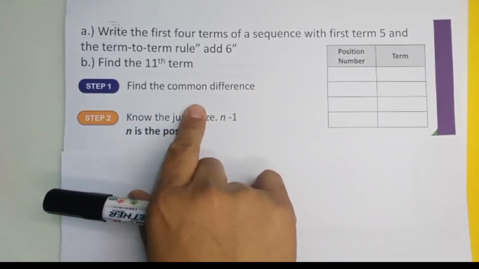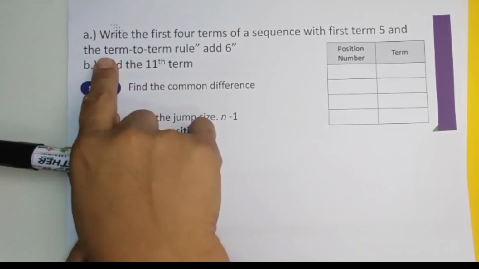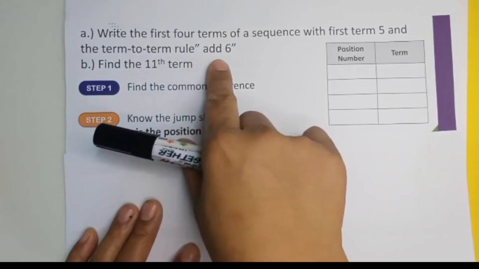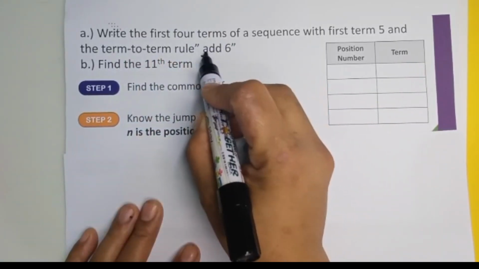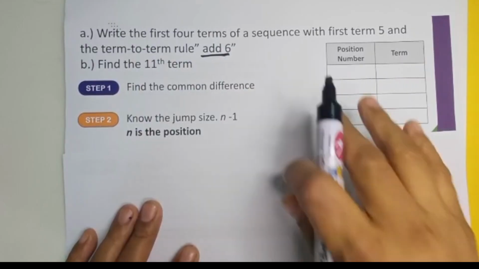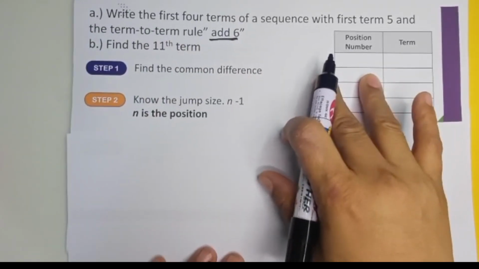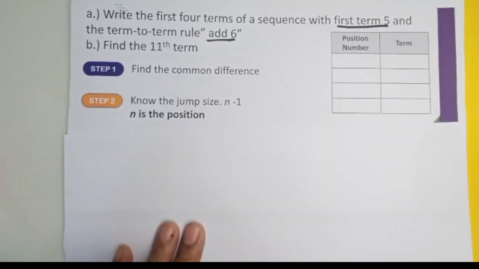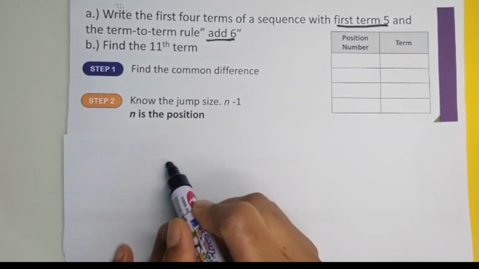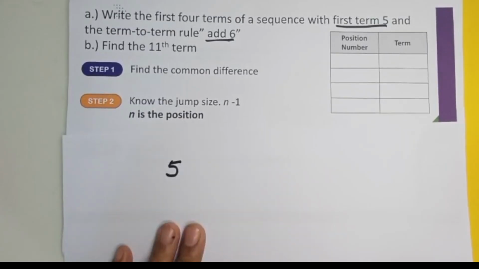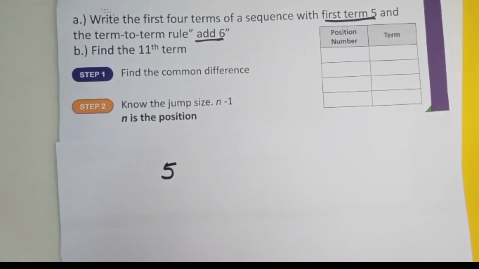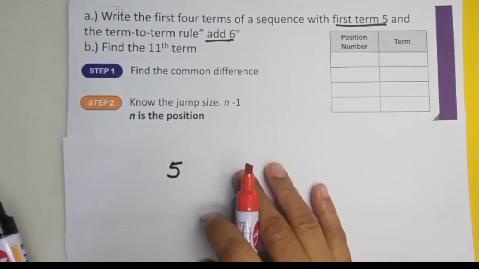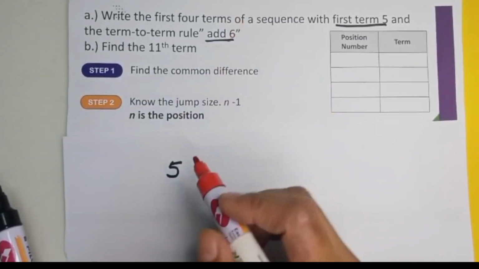For us to find the common difference, since we already have the term to term rule, which is add 6, let's first compose the sequence. The first term is 5. Term to term rule means we are going to add 6 each time.